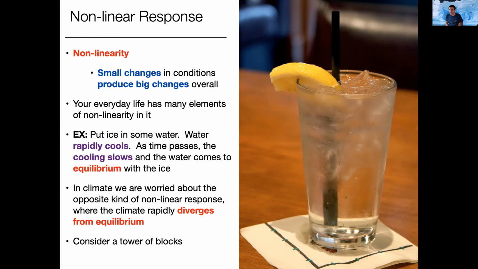Nothing dramatic or sudden happens. In climate, we're worried about the opposite kind of that slow, steady evolution. We're worried about very sudden changes that cause the climate to respond dramatically and drastically, diverging very rapidly from that equilibrium where you see slow, steady changes.